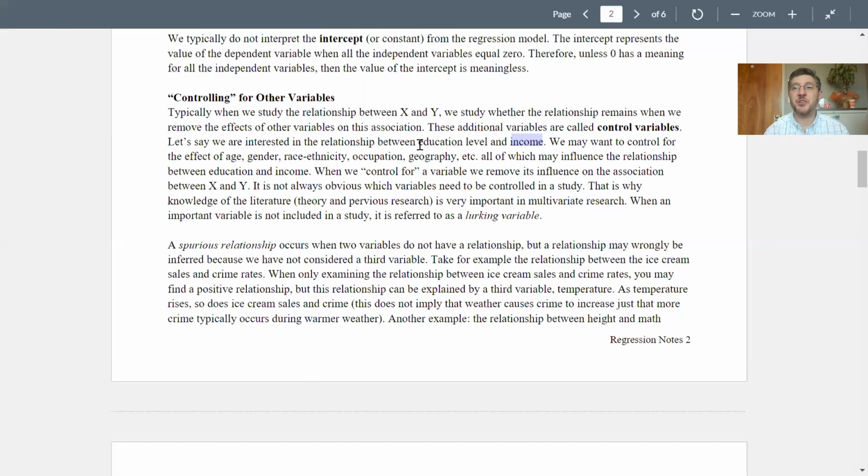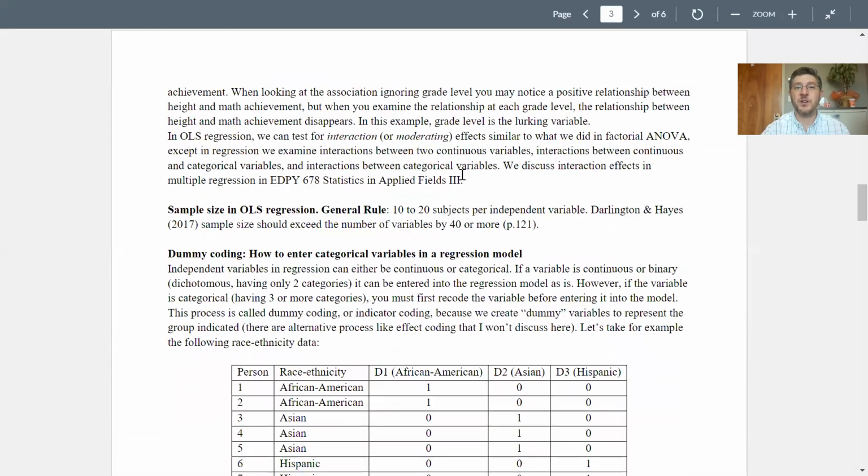If it's a control variable or covariate, it's not my main variable of interest, like in an analysis of covariance. You're really interested in the relationship between the IV and the DV after we've parceled out the relationship with the other covariates. So that's some terminology to be on the lookout for.